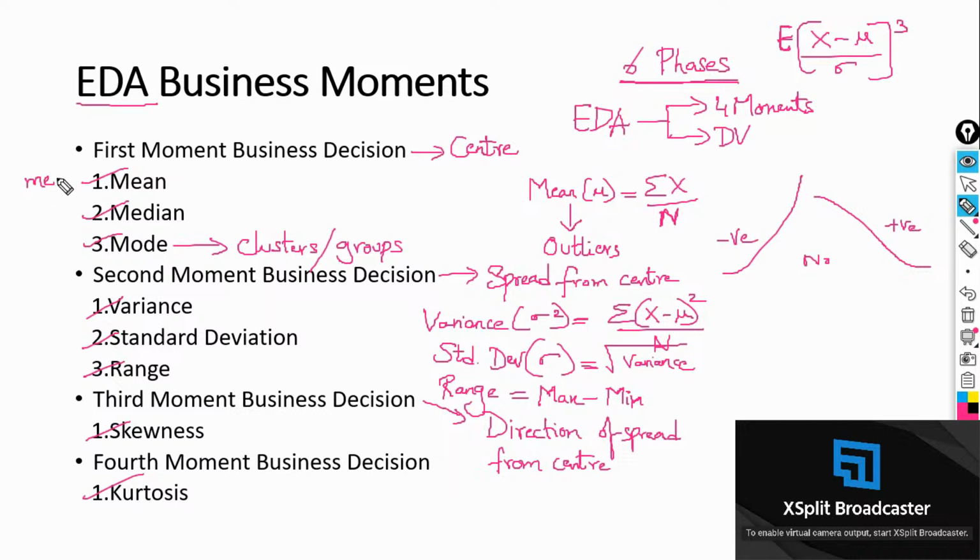Mean is the function. For median, it is median only. Then mode, it's mode again. Mean, median, mode.